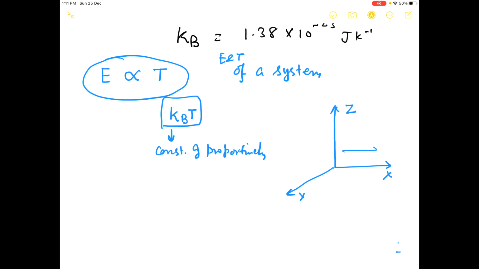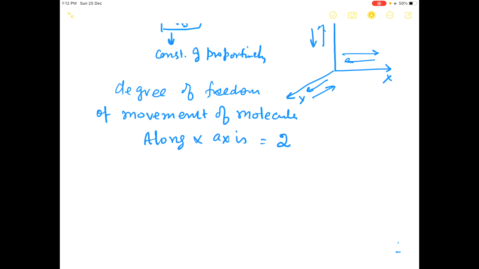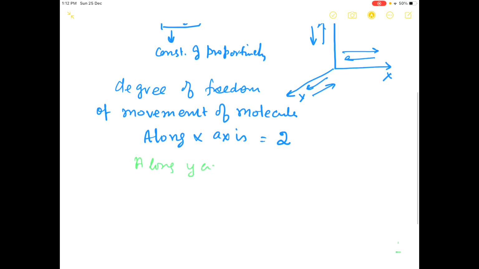So molecules are moving in this direction and that direction. The degrees of freedom of movement of molecules along the x-axis is 2, along the y-axis it is 2, positive and negative, and along the z-axis it is 2.